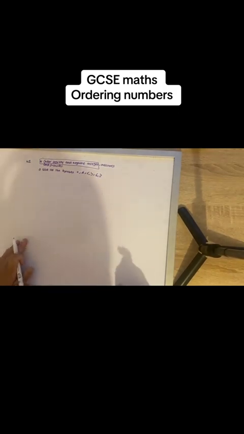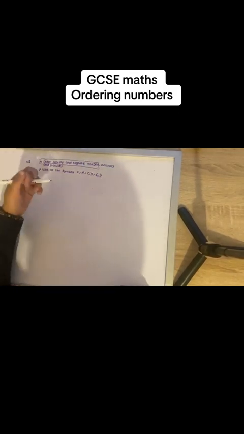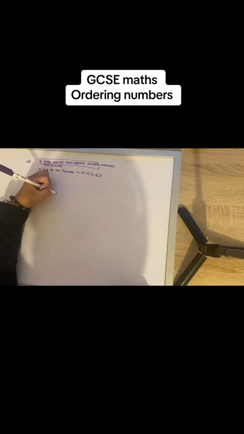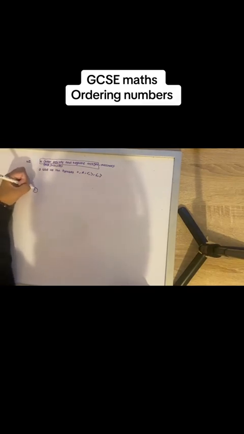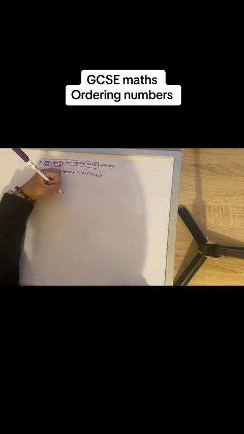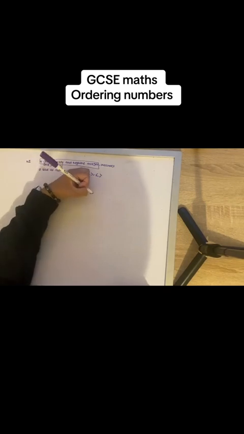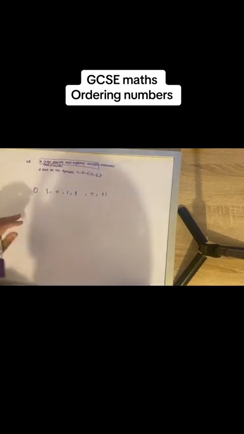So now ordering it. If I was to order positive numbers, if I put in a random group of numbers, so 3, 4, 1, 2, 7, 11, right?